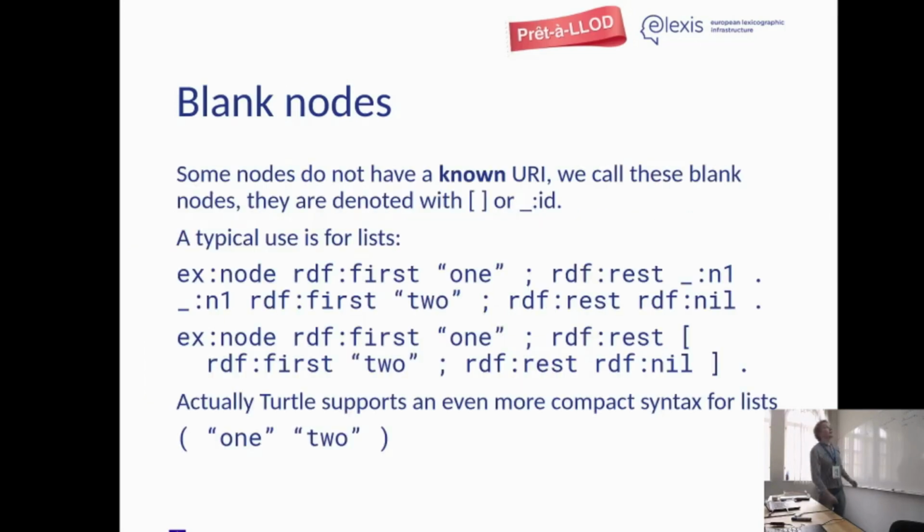RDF lists are great, but one of the things they introduce is the idea of blank nodes. Blank nodes are nodes that don't have a known URI. They're widely misunderstood, even by people who know the semantic web and these technologies very well.